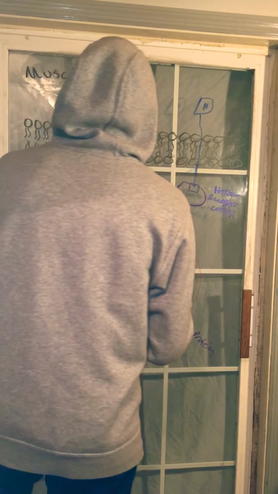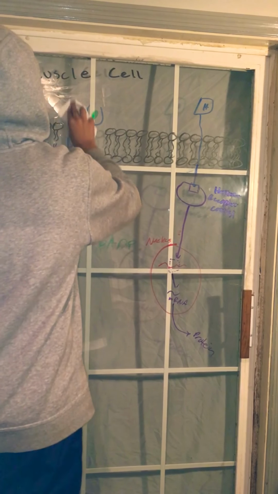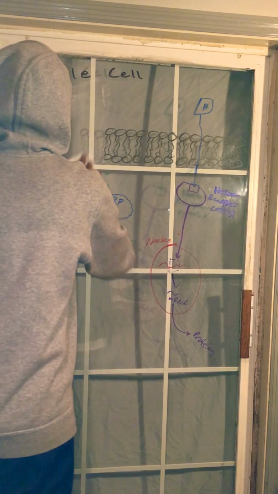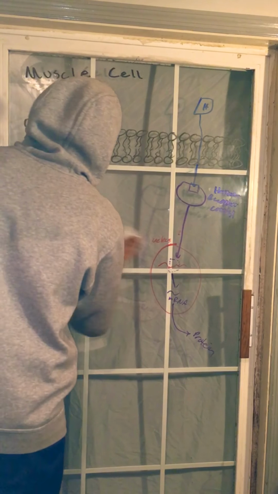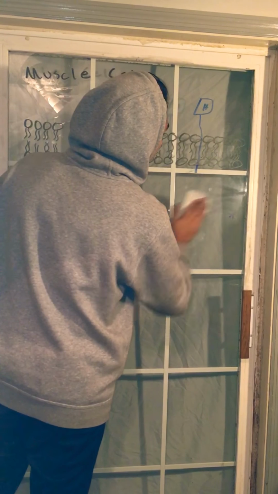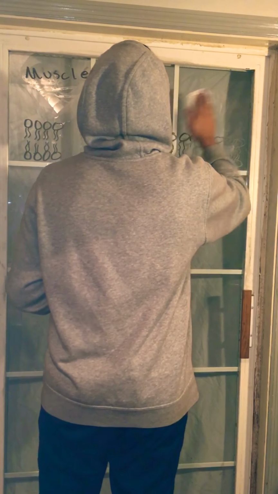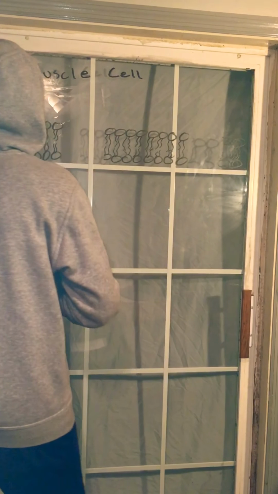We want to talk about one last secondary messenger, the cyclic AMP. And it starts off the same as the G protein pathway. It begins the same.